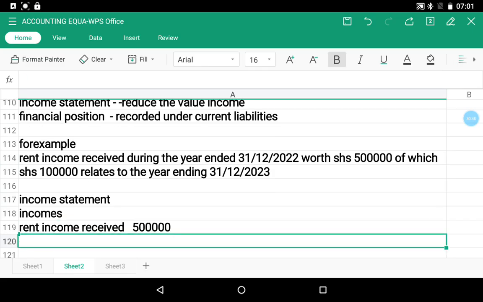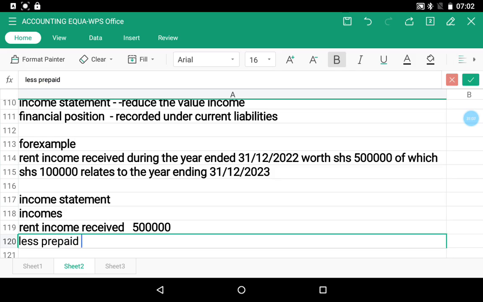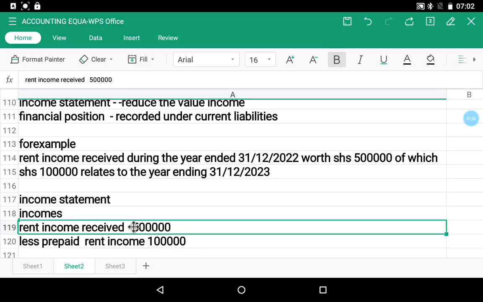And because they have told us that the 500,000 contains 100,000, we are going to deduct this prepaid rent income of 100,000, because they have told us that out of 500,000 there is 100,000 for another trading period.